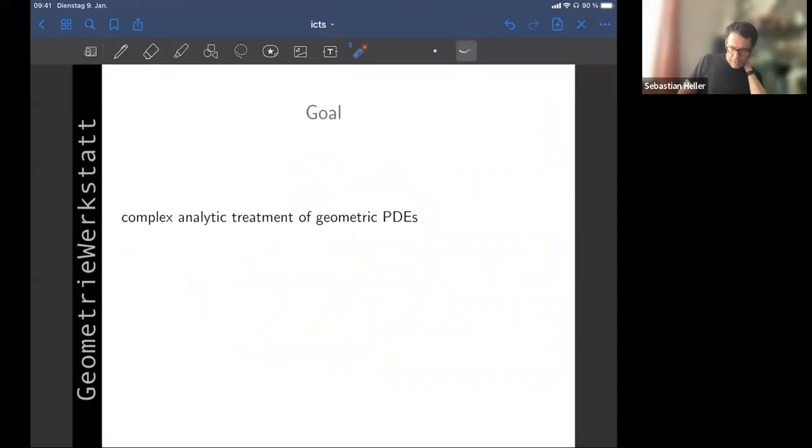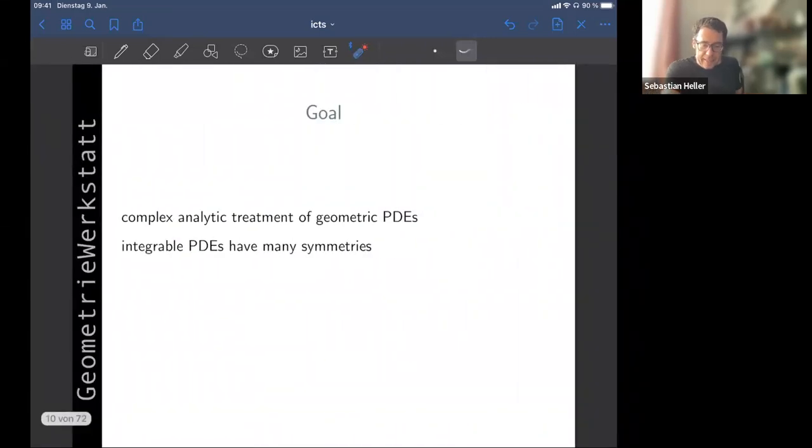So let me just continue explaining what the goals here are. I just said I want to treat these geometric PDEs, or some cases of geometric PDEs, in terms of complex analytic data, and the type of PDEs I have to restrict to are so-called integrable PDEs. So they admit many symmetries.